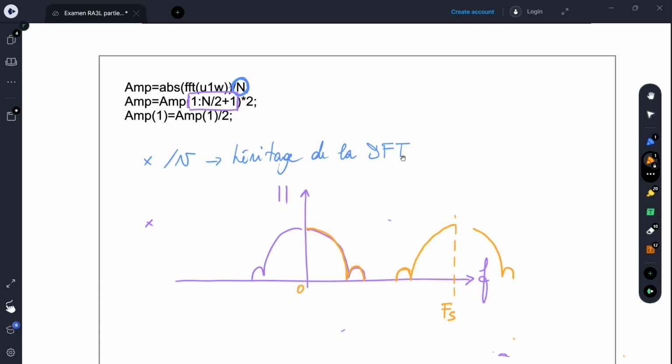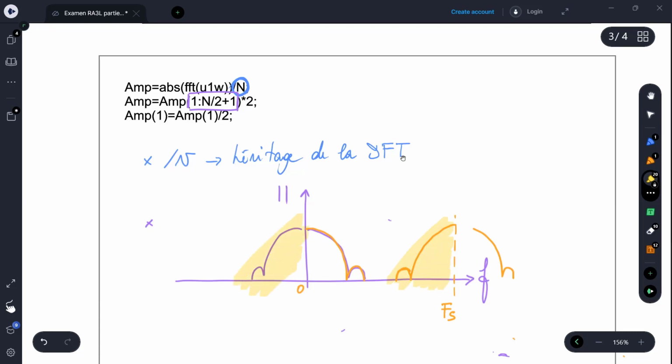Nous, on sait que, en réalité, ce que je vais mettre en jaune maintenant, ceci, c'est jamais que identiquement la même chose que ça. Donc, ça correspond aux amplitudes des sinusoïdes à fréquence négative de notre pattern central.